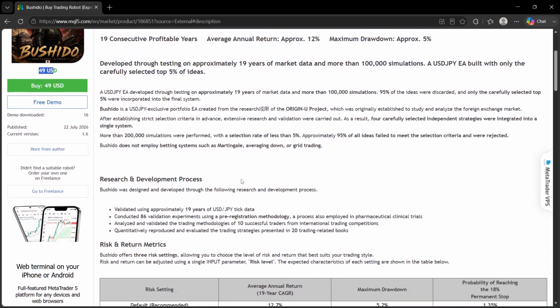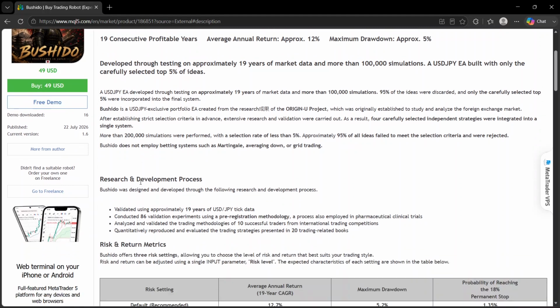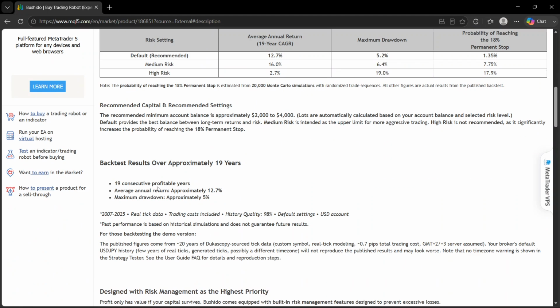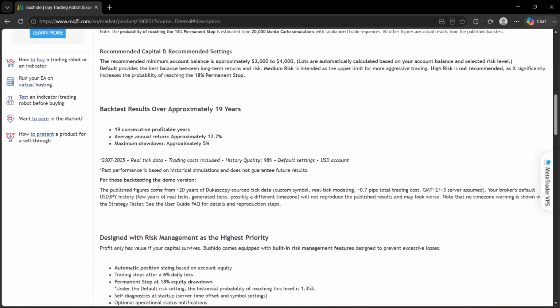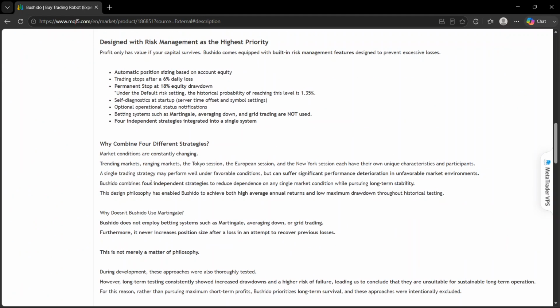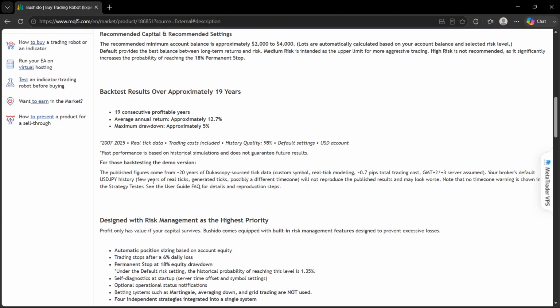So what actually powers this thing? According to the seller, they are very clear. 4 independent strategies running together inside one EA. First is a trend model that looks for directional moves. Second is Tokyo range break, basically looking for breakouts out of the Tokyo session range.